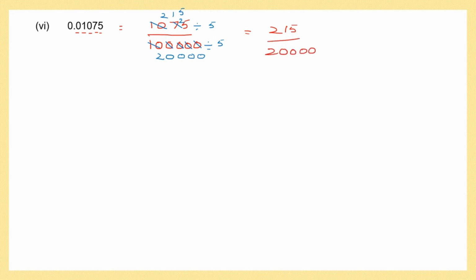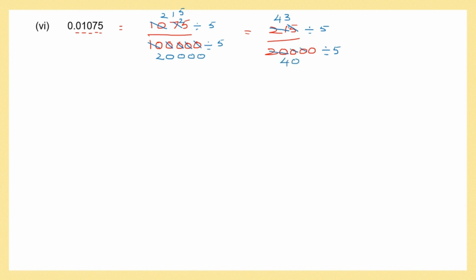Okay, let's divide both again by 5 and let's see what we're getting. 5 fours are 20. There's one left there, so it's 15. 5 threes are 15. 43. Let's check the denominator. 5 fours are 20.